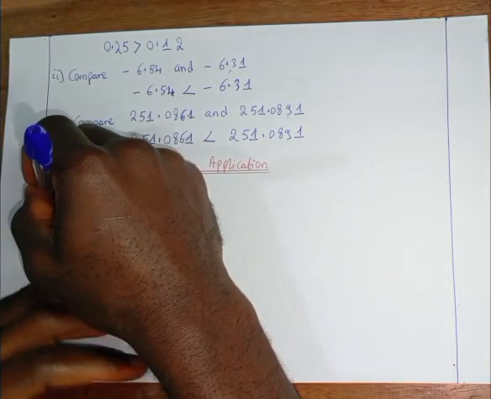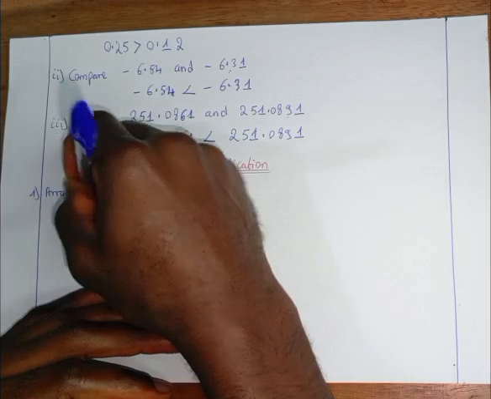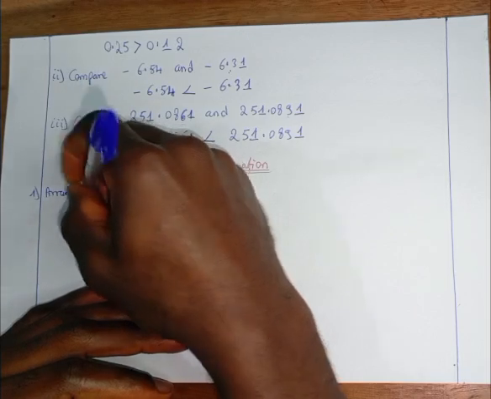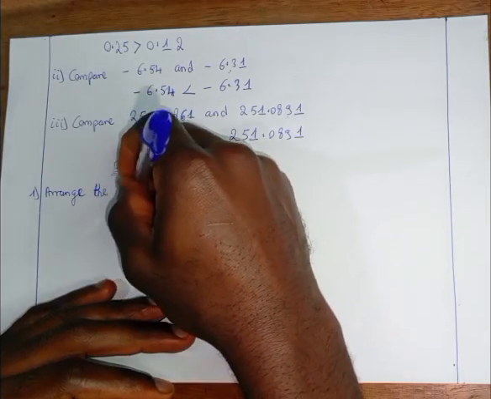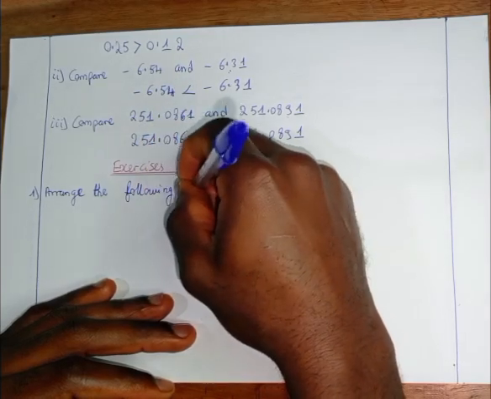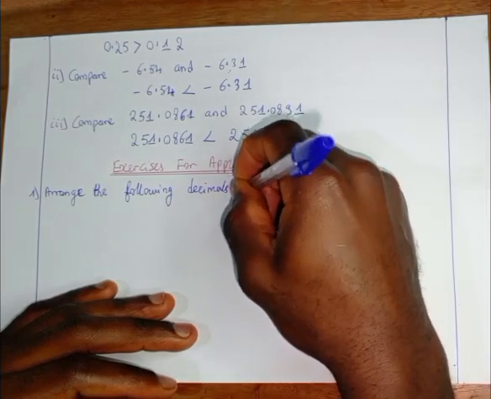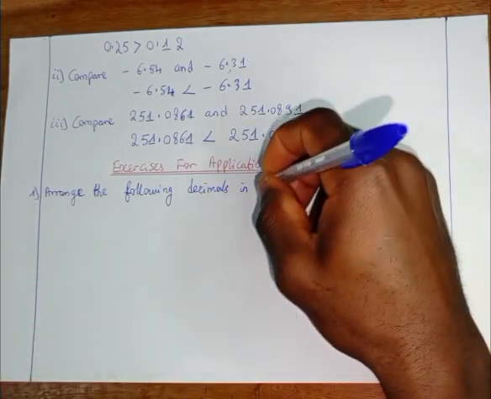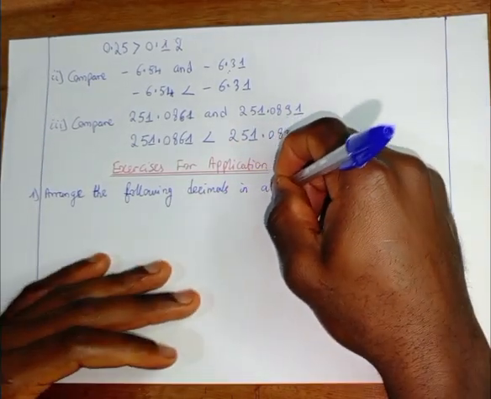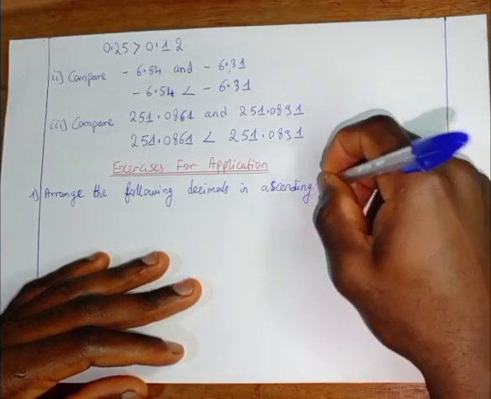Question 1 says arrange the following decimals in ascending order.